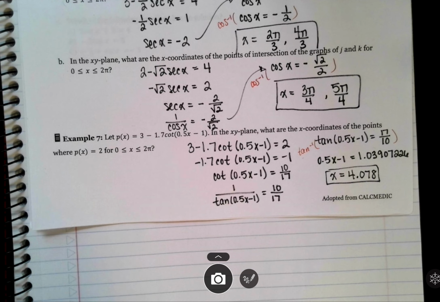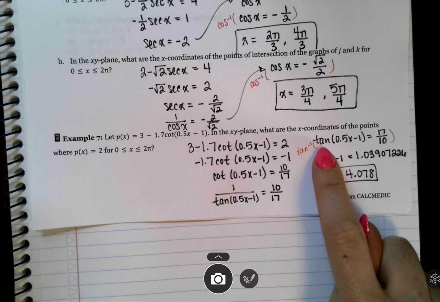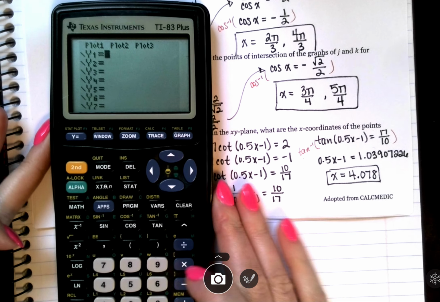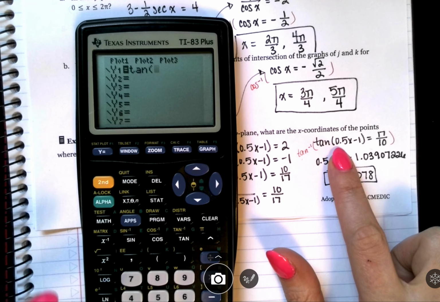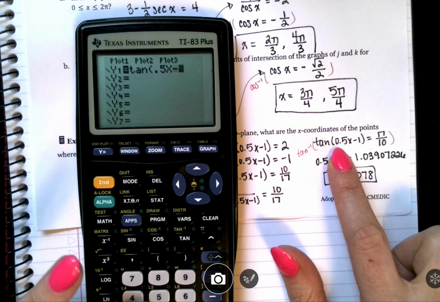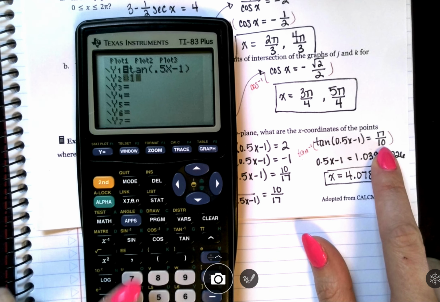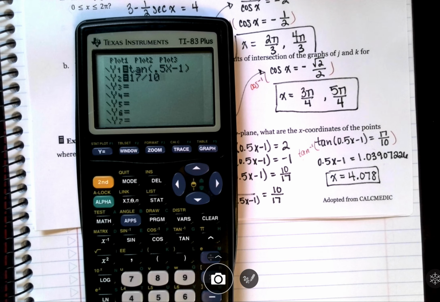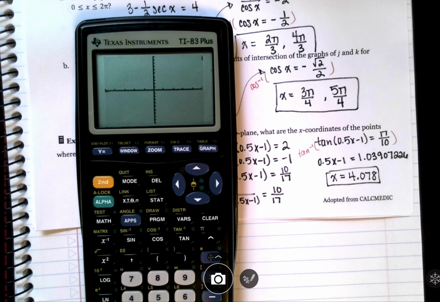So once I get to just regular tangent and I don't have cotangent, I have something that's not equal to y. So I'm going to type in tangent of 0.5x minus 1. And then the other side of my equation is 17 over 10. So I'm going to type that in as 2 separate equations in here. And then I'm going to hit graph to see what it looks like.